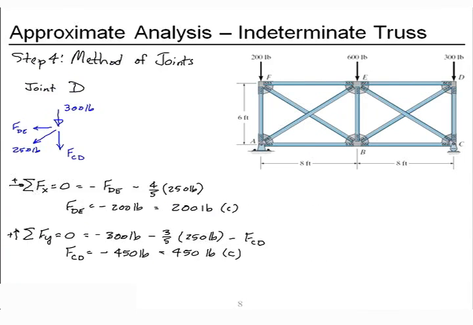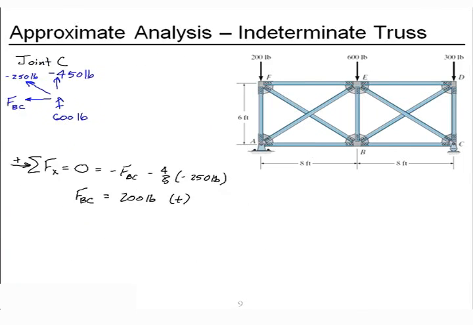Then we were ready to apply method of joints to figure out the rest of the internal forces. We started at joint D. There were only 2 unknowns there. And then moved to joint C. Figured out the bottom chord.